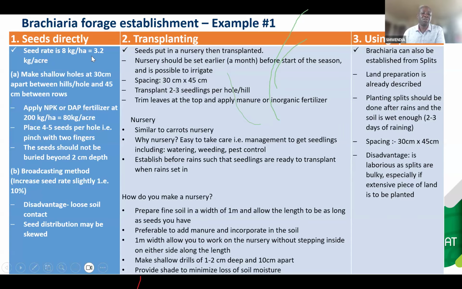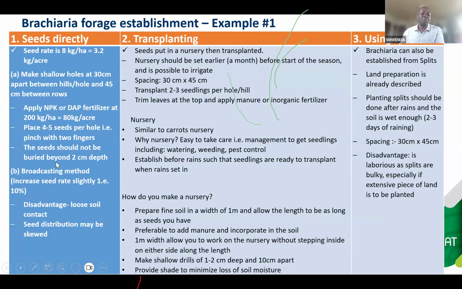If you scale down, this is about 3.2 kilos per acre. You can use spacing of 30 centimeters between hills and 45 centimeters between rows. And again, you can plant using a fertilizer rich in phosphorus at about 200 kg per hectare, about 8 kg per acre.